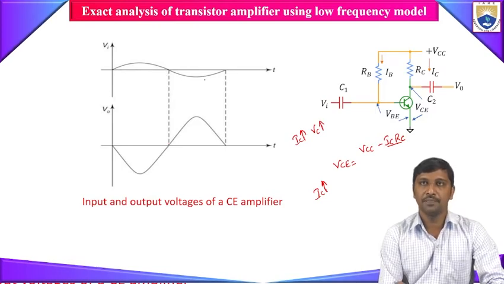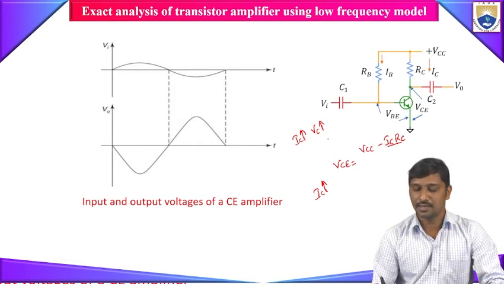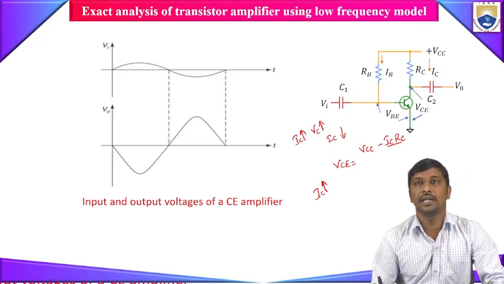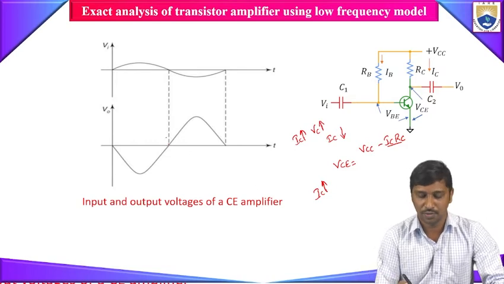During the negative portion, what happens? The base current decreases, hence the collector current also decreases. If the collector current decreases, the voltage drop across the collector resistance also decreases. Hence, the total net voltage becomes positive.